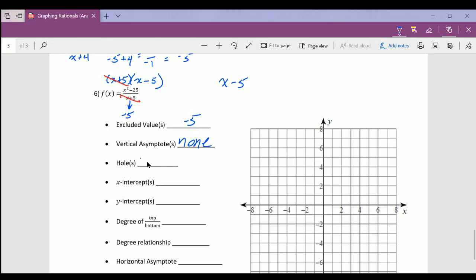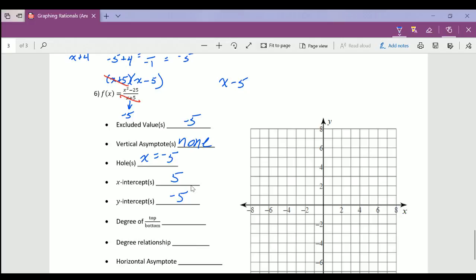And the hole is x equals -5. X-intercept, it's whatever would cause the top to be 0. In that case, it's 5. The y-intercept is what you'll get when you plug in 0. That'll be -5.